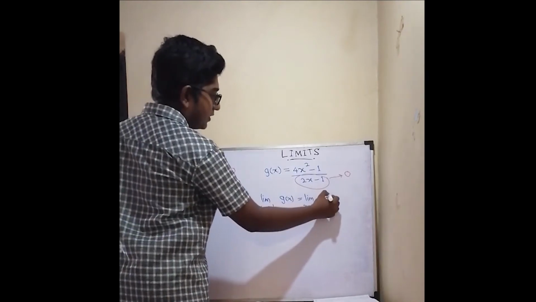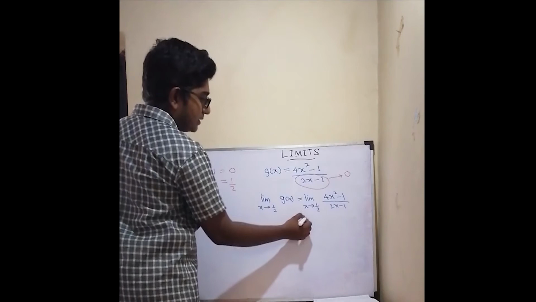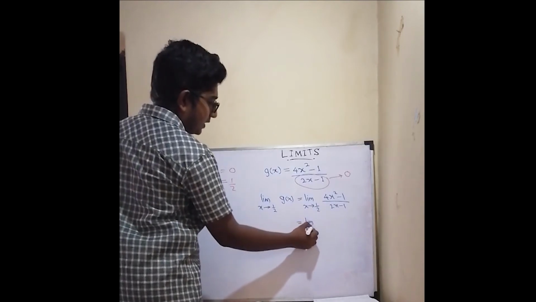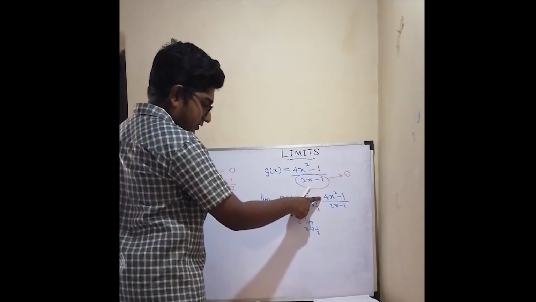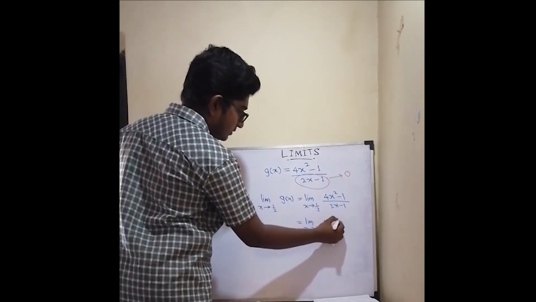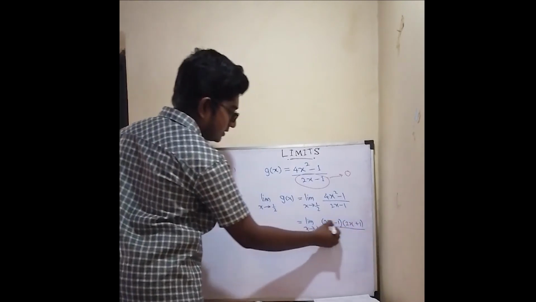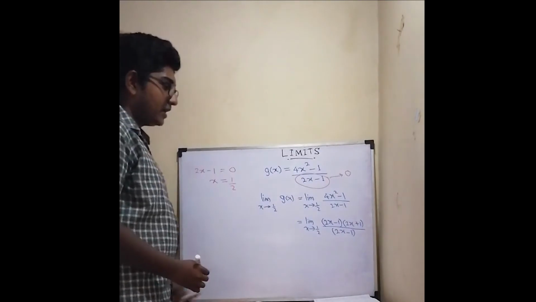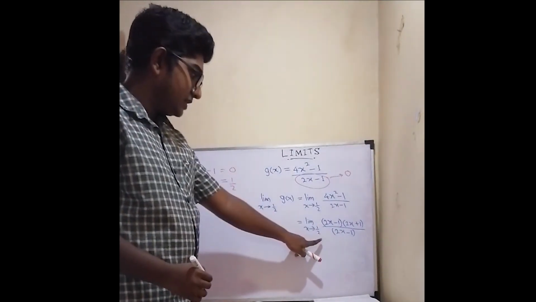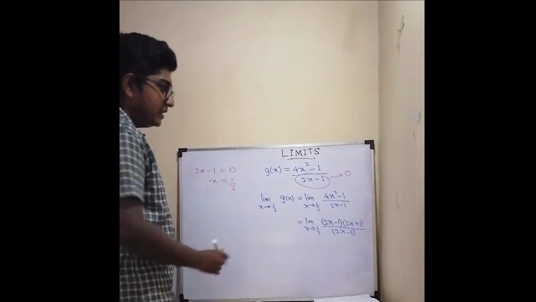So this is 4x squared minus 1 over 2x minus 1, and it can be factorized like this: difference of two squares, 2x minus 1, 2x plus 1, over 2x minus 1. When x equals half, we got 0 for this denominator.